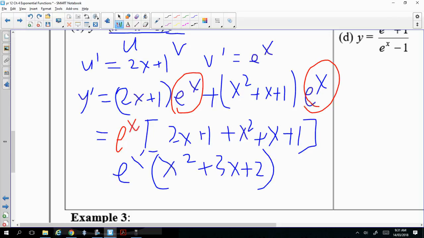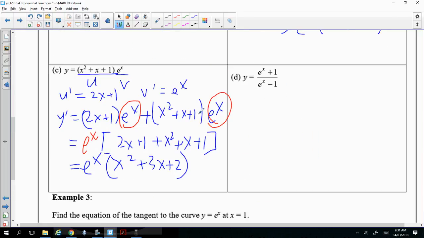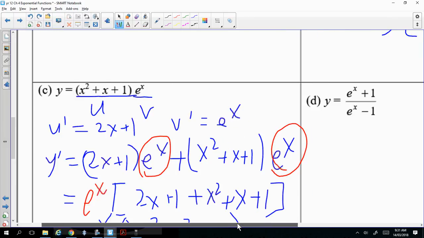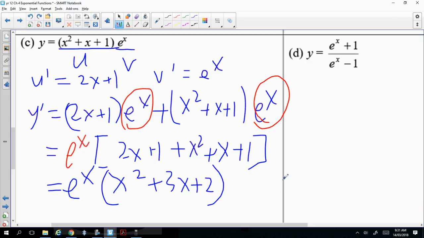Try the next one. What rule would you use for the next one? You use quotient rule. Okay, use the quotient rule to try. Have a try. All right.